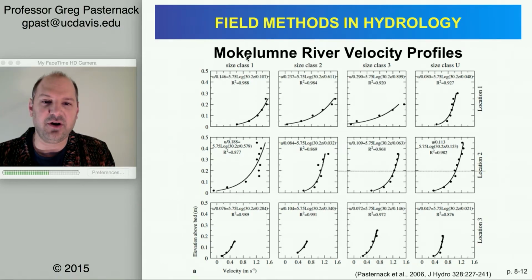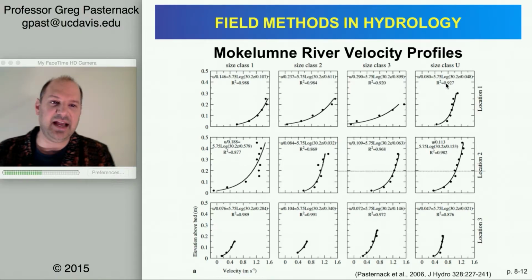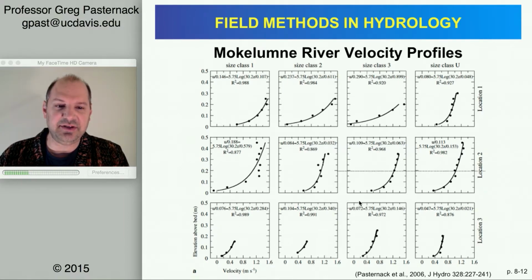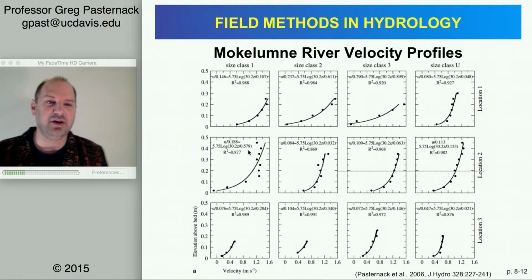And I've done this for 3 different size classes, I believe from finer to coarser, but I haven't done this in a long time. And then just the mix of all the sizes together. And again, you can see a lot of different shapes to these profiles. Of course, when it's really shallow, it's hard to make a lot of measurements compared to when you have deeper flow. And the shear velocities and roughnesses are all quite different, so it can be fairly confounding.